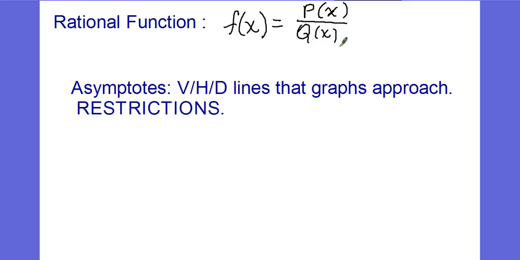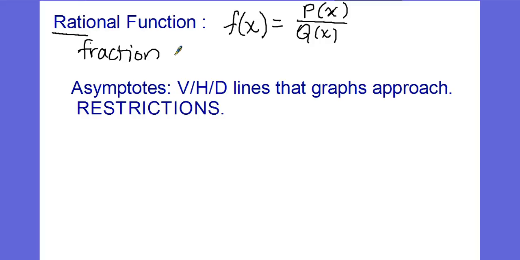The rule is that there has to be an x in the denominator to make it a rational function. Just remember what rational means. The base word for rational is ratio, and a ratio is a fraction. So it's a fraction equation with an x in the denominator. And when you have x's in the denominators, you have restrictions. And if you have restrictions, you can't graph in that area.